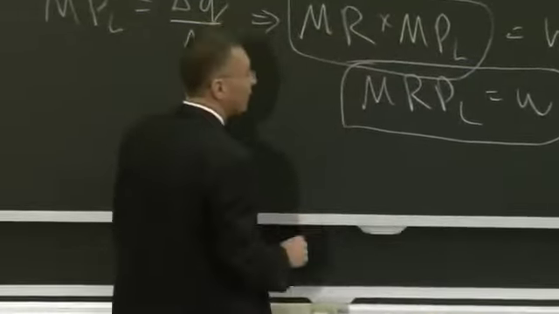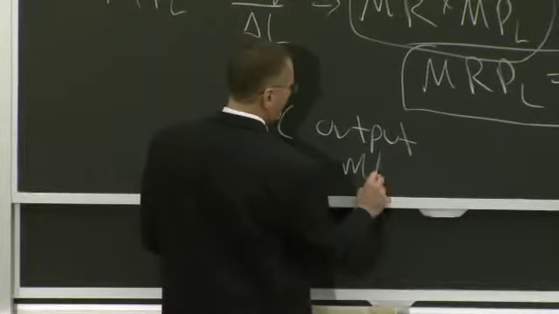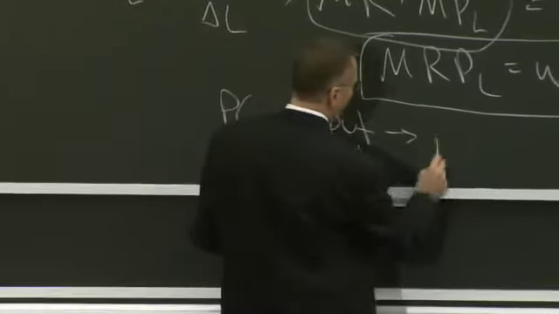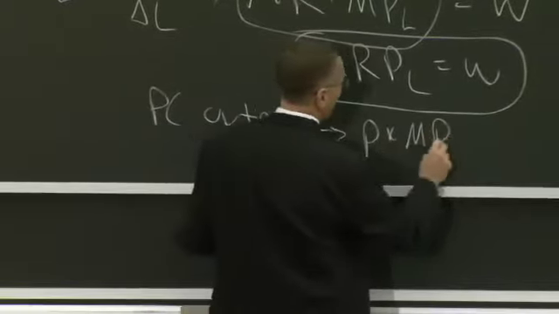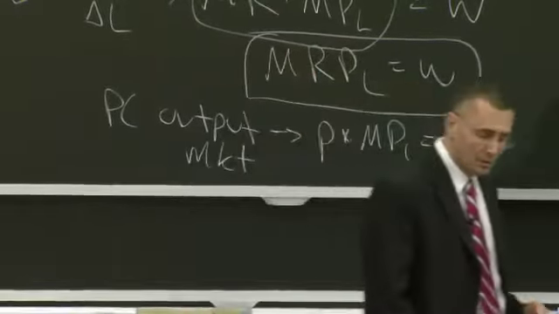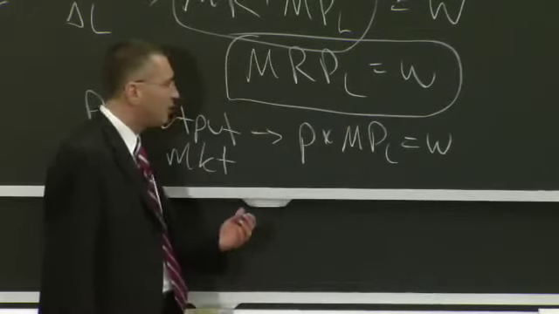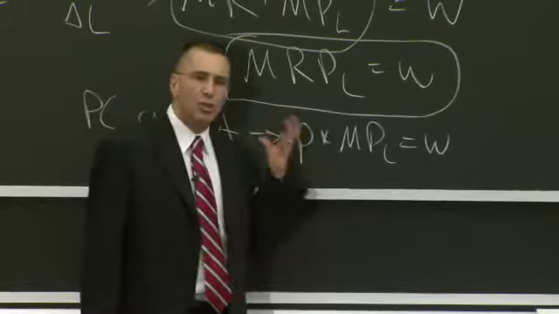So for a perfectly competitive output market, we can rewrite this as price times marginal product of labor equals the wage. We know the marginal revenue is the price in a perfectly competitive output market. This makes it even easier to see how many workers you hire.